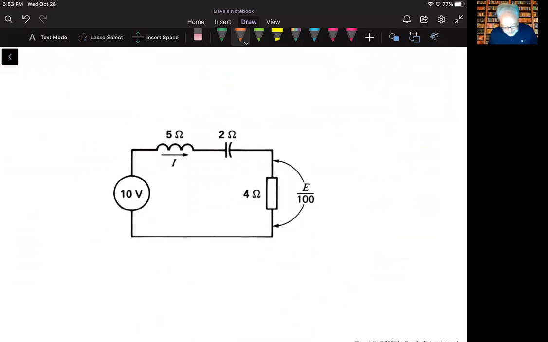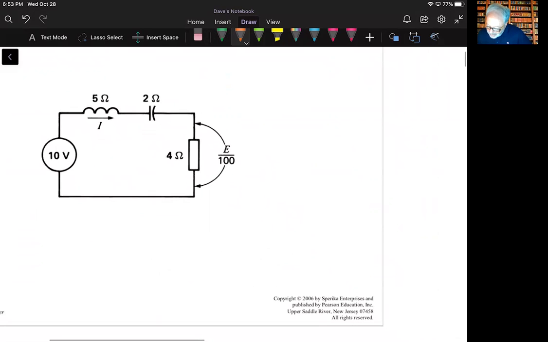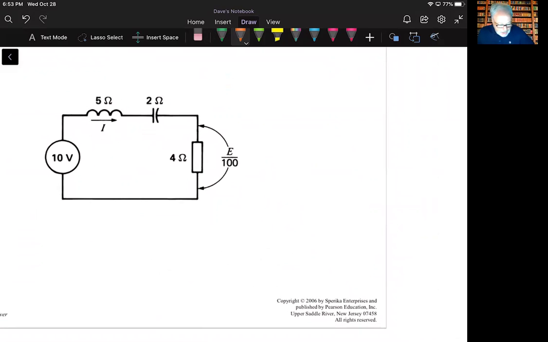And so first off, I need to determine what the total impedance is, and I hope you can remember how to do this.